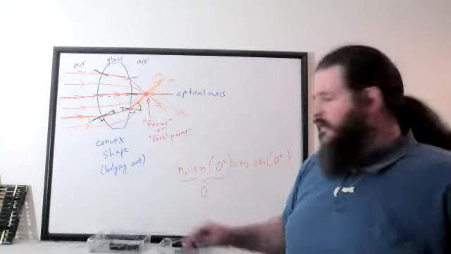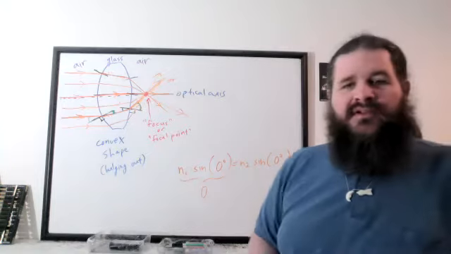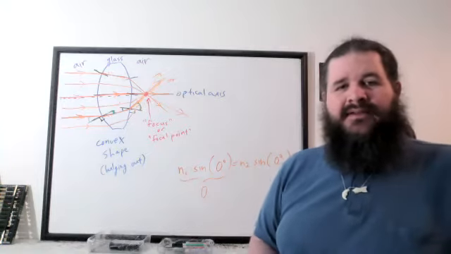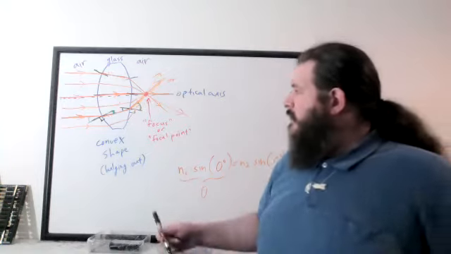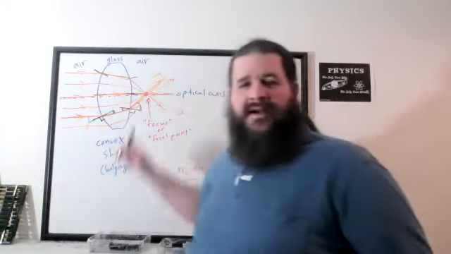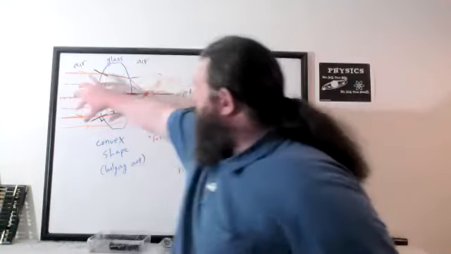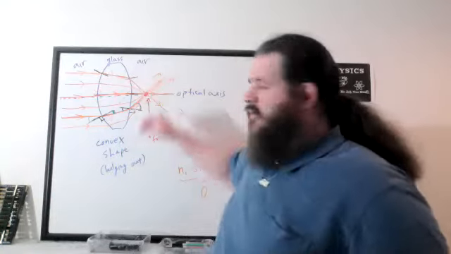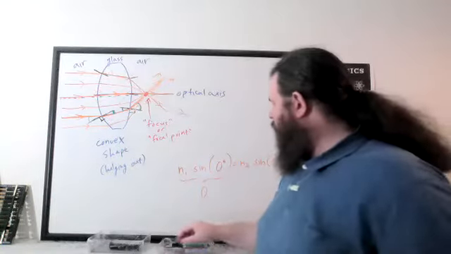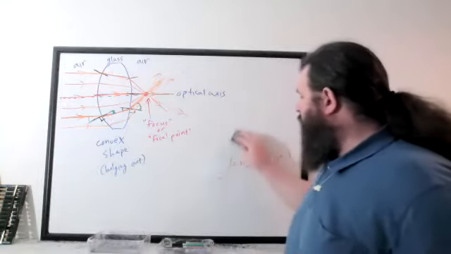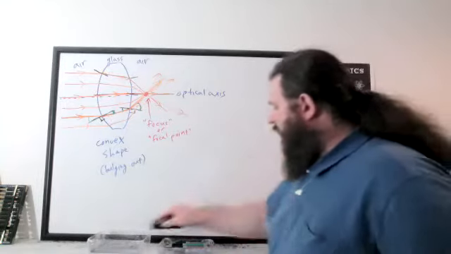And the location of that focal point is really the most important single piece of information about that lens. If you know the focal point, you don't really need to worry about what's going on inside the lens. You can just say, any rays of light that come in parallel are going to ultimately bend towards the focal point. So the other information about what's going on inside isn't really necessary.